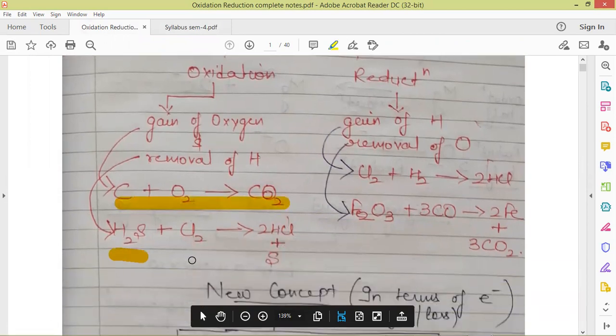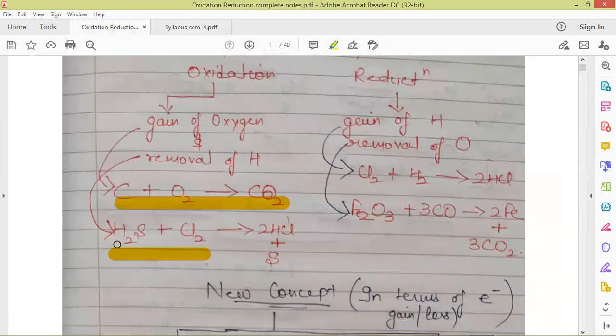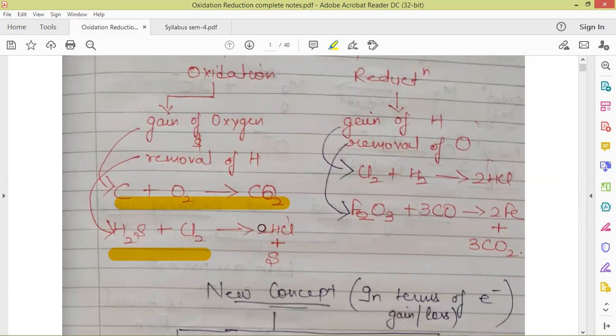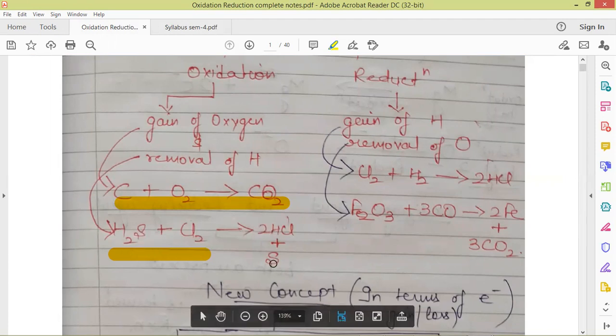And here H2S is reacting with chlorine gas, that is hydrogen sulfide gas is reacting with chlorine gas. Here H2S is going to lose hydrogen and it will transfer its hydrogen to chlorine, and the conversion of H2S plus Cl2 to 2HCl and sulfur is going to take place.